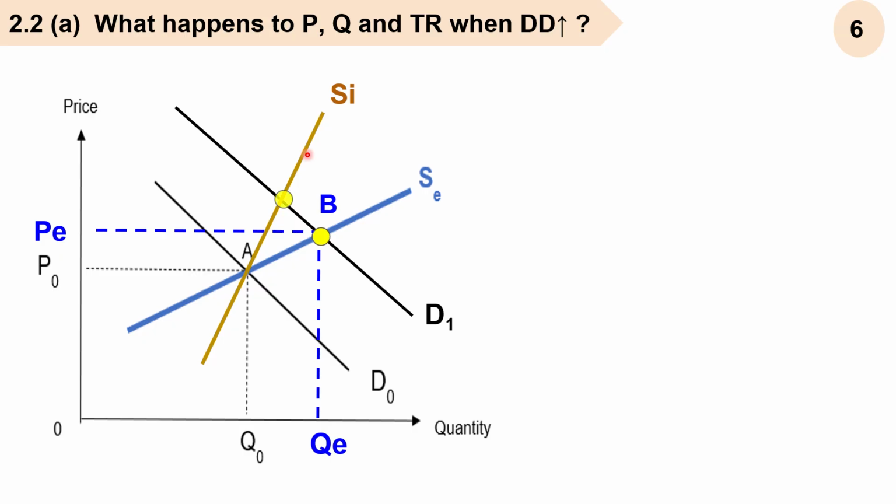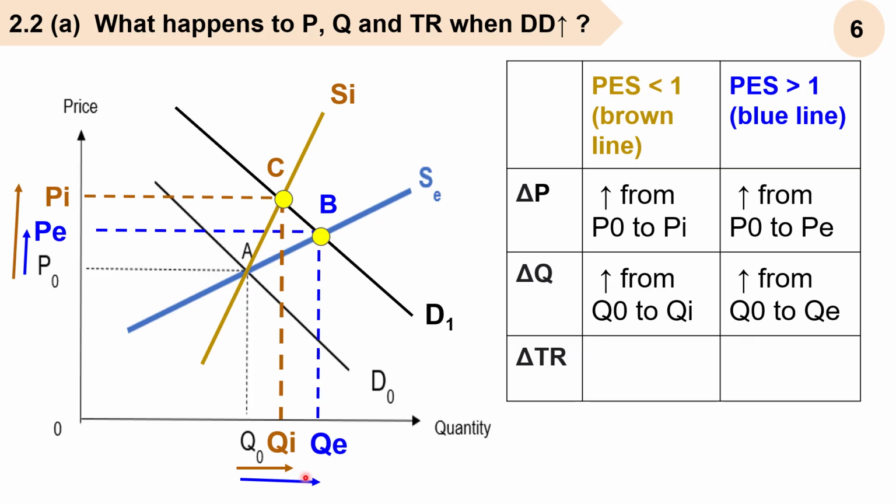And then the new equilibrium where SI cuts D1 is labeled as point C, and the corresponding new equilibrium price and quantity will be PI and QI.